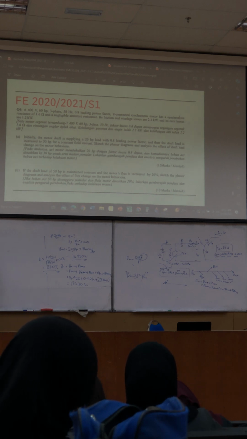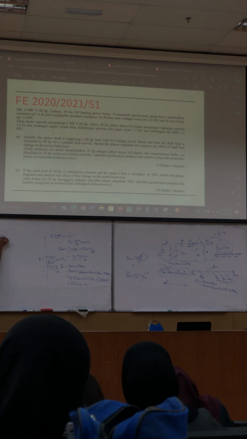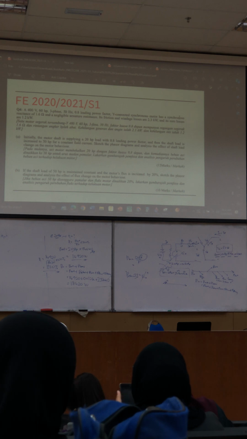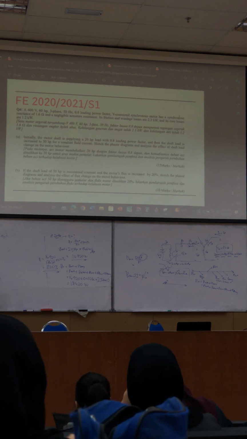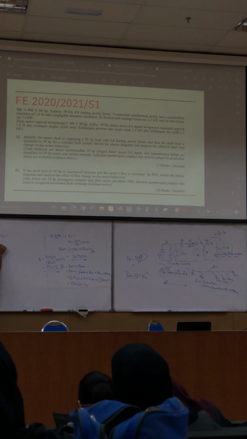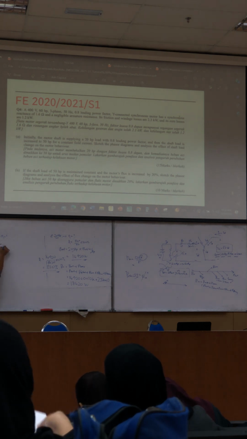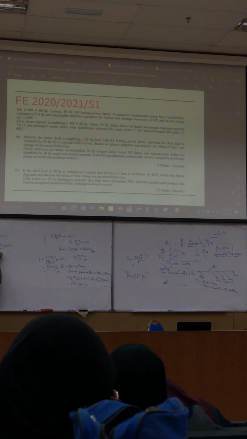So what happened at 50 horsepower? Once increased to 50 horsepower, you just repeat. Efficiency is equal to P out over P in times 100%.